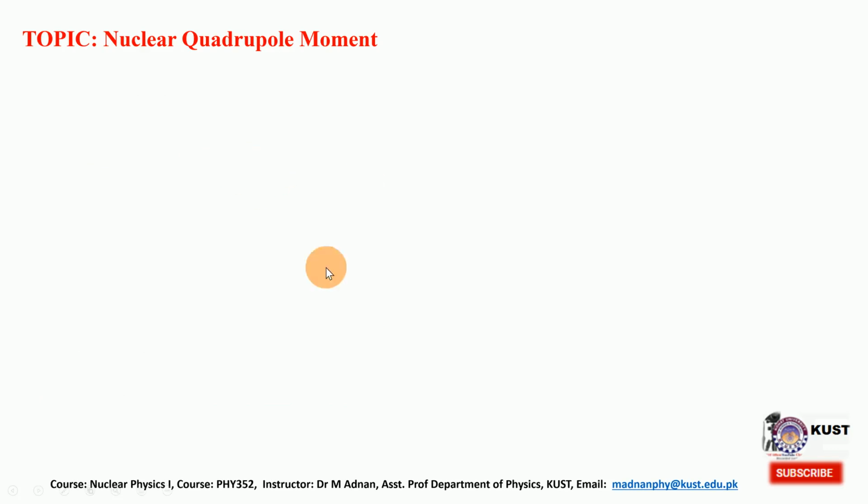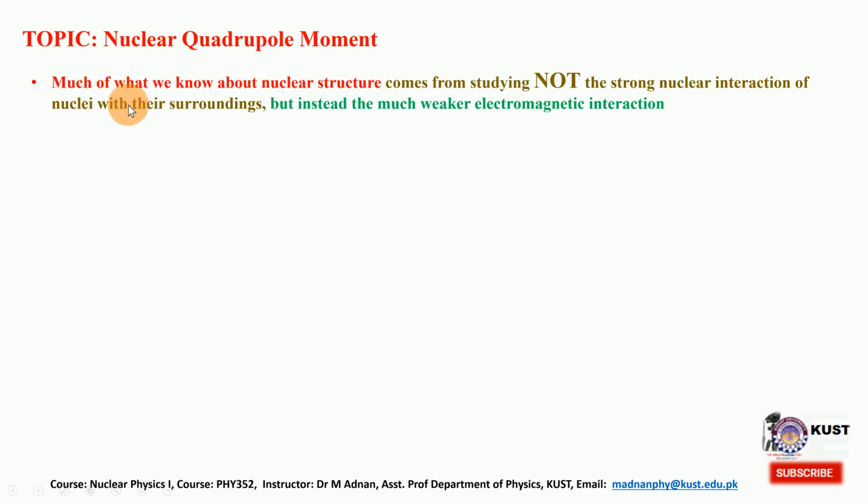Okay, if you remember, in my last lecture, I discussed the nuclear magnetic moments, and there we discussed the electromagnetic aspects of the nucleus, that much of what we know about nuclear structure comes from studying not the strong nuclear interaction but instead the much weaker electromagnetic interaction.